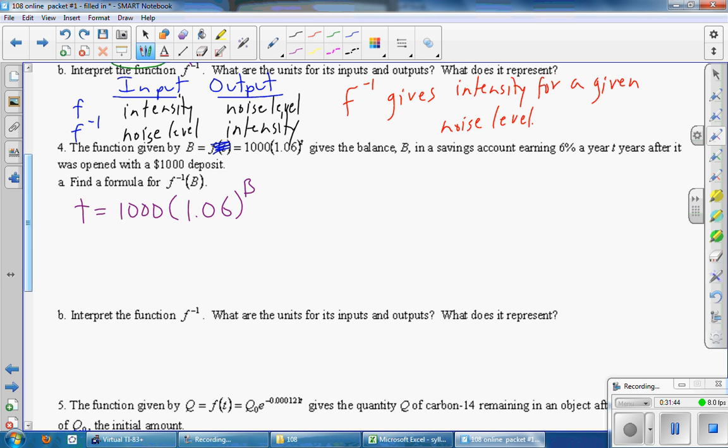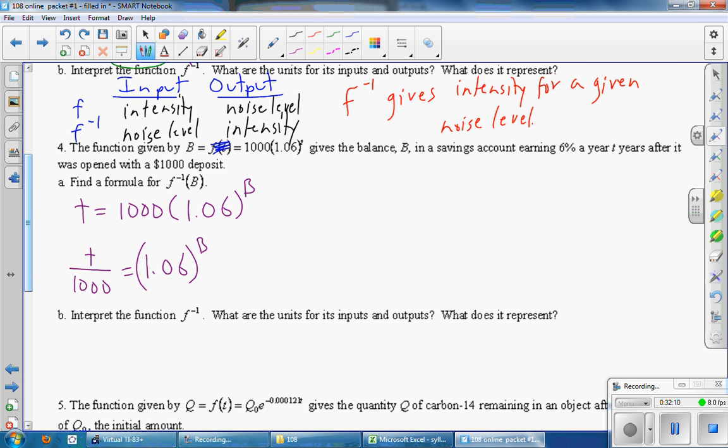Right now it's in an exponent. How do we handle variables in exponents? We use logs, but it's too early to use logs right now because there's 1,000 in the way. So divide both sides by 1,000, and then logs are the right tool. Okay, now we can use logs. You can use ln, you can use the common log, it makes no difference.